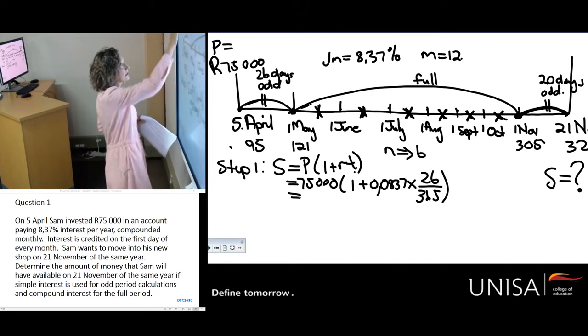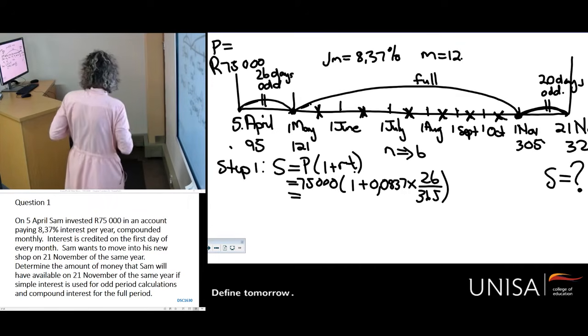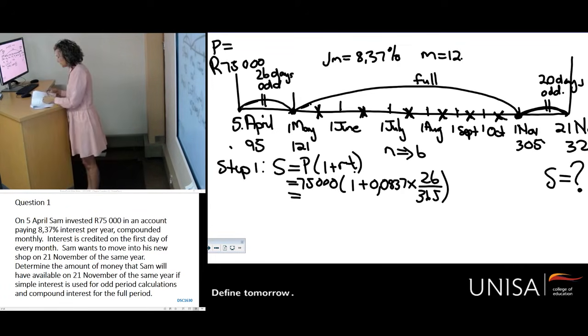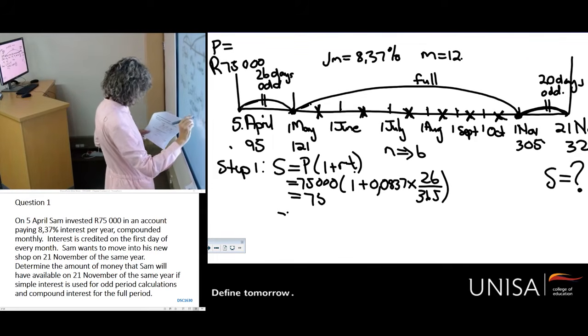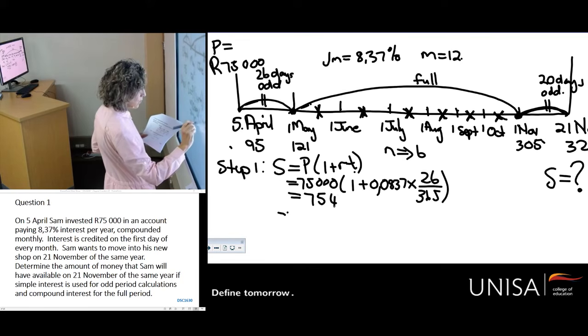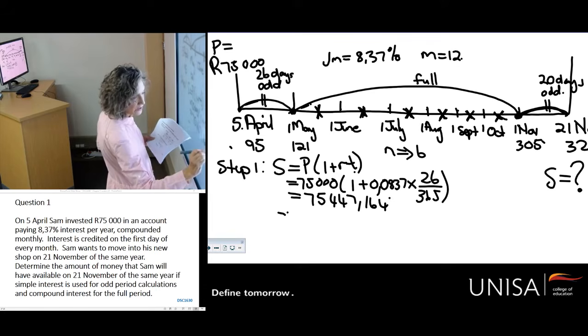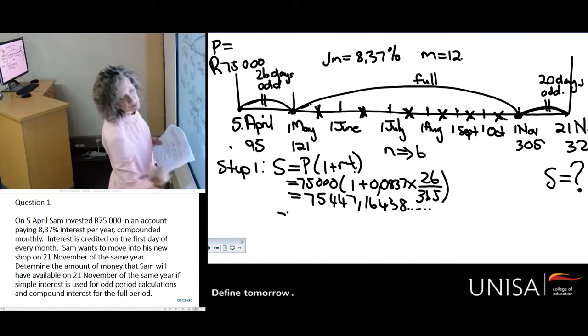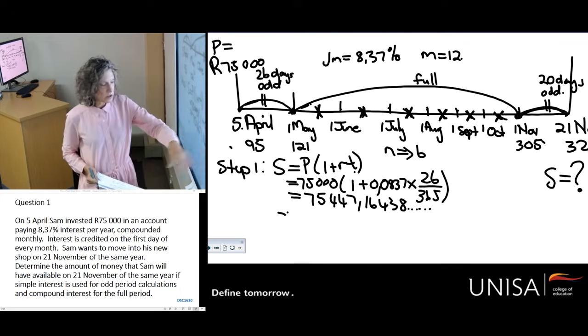So if I take the 75,000 and use simple interest for that period, I will get an answer of 75447.16438, and I just put dots to say it actually goes on, but I'm not rounding it off.